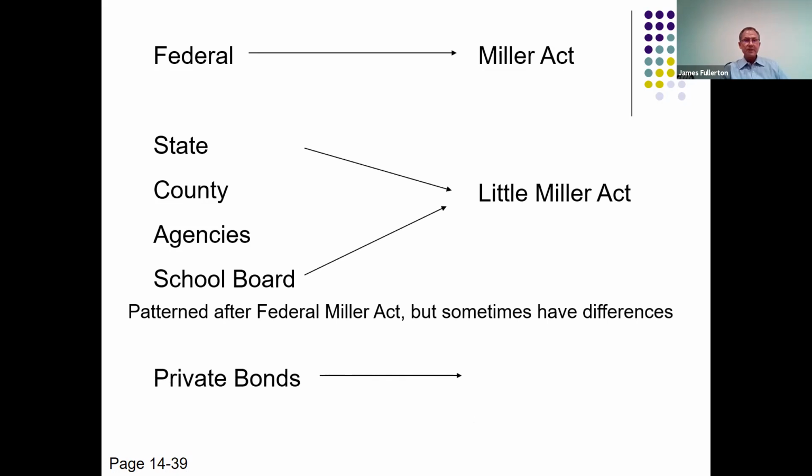Private projects can also be bonded. It's an important question to ask, because it may not even be public knowledge that the project is bonded. The general contractor may not want you to even know that the project's bonded. So it's one of the most important questions never asked. You have to remember to ask the question, is there a payment bond?